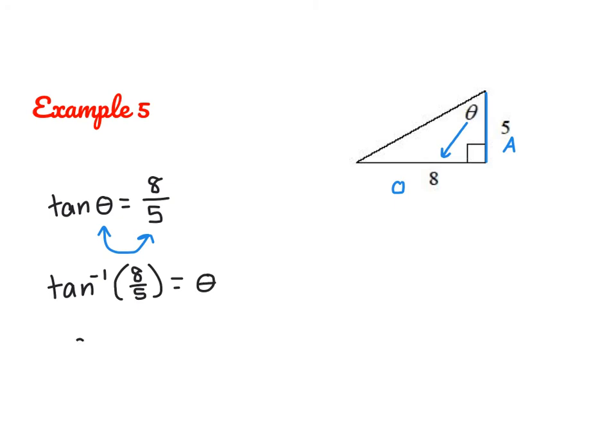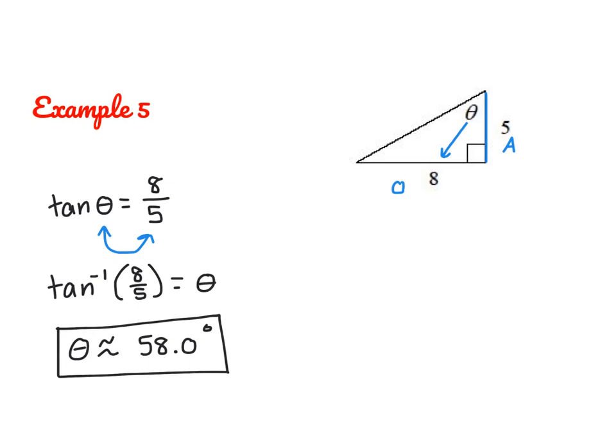And now when we plug this into our calculator, it will tell us what our angle is. So the arc tangent of 8 over 5 is equal to, we will actually get 58.0 degrees if you round it to the nearest tenth.